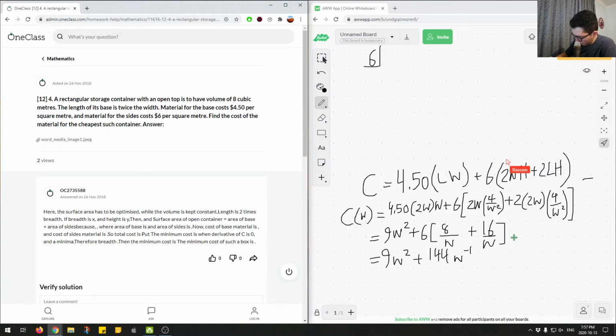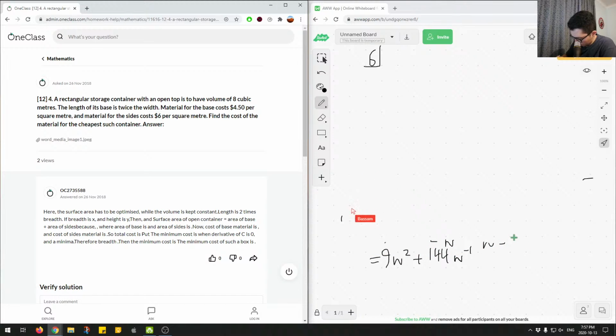So really, we only care about the final equation. Okay. So this is C of W. So we take the derivative of this function and we set that derivative to 0 to find any maximums or minimums.